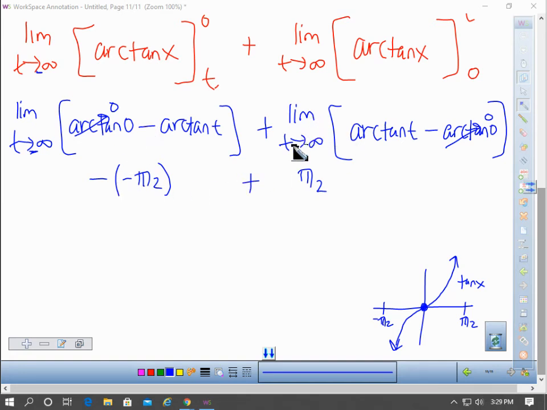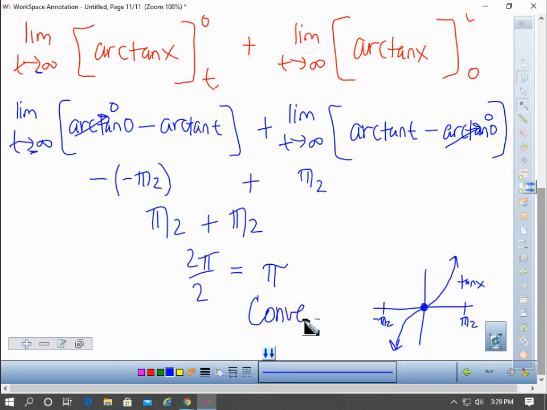And over here, we're doing the limit of t going to infinity. Arctan of infinity means where on the tangent curve is my function going to infinity. That would be at pi over 2. Now when I add these together, the negative of negative pi over 2 is pi over 2, plus pi over 2, which is 2 pi over 2. So the answer is pi.